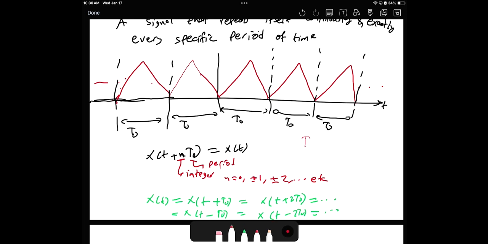Again, T0 is called the fundamental period, which is constant for every repetitive form. When you see anything in repetitive form, being repeated forever, this is called a periodic signal. It's happening forever, not happening once and gone.